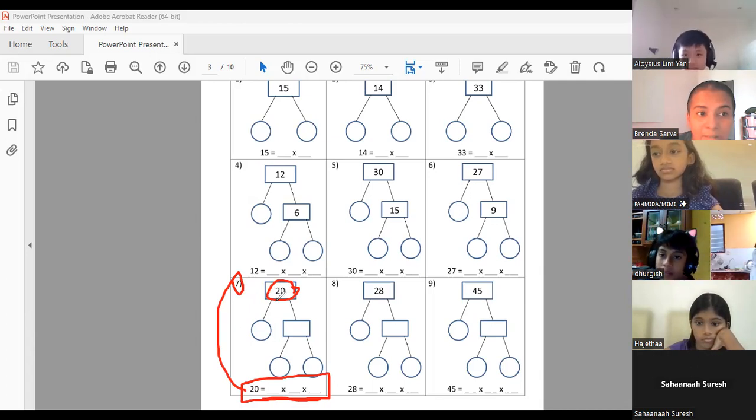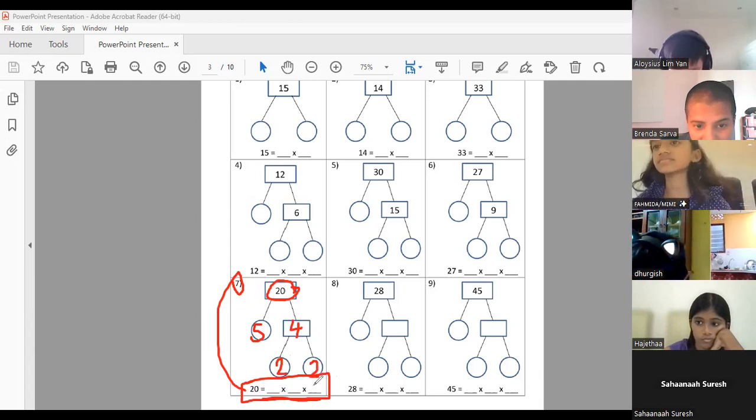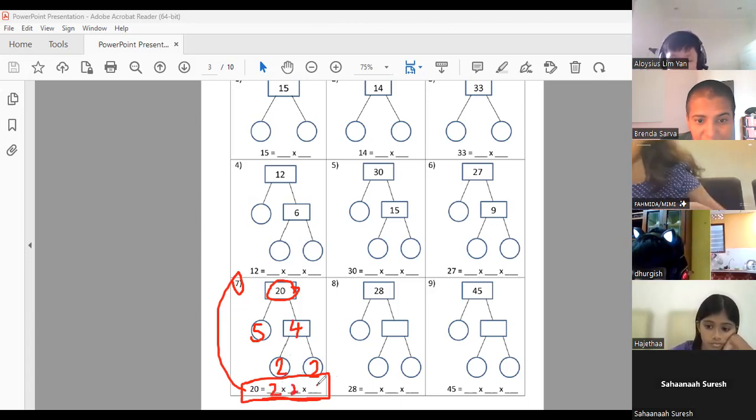Lakshman, there's no addition here. Famida, 5 times 4. Good. Then that 4 can be broken up further, isn't it? So that becomes 2 times 2. So your answer here is finally 2 times 2 times 5. This is what I want.